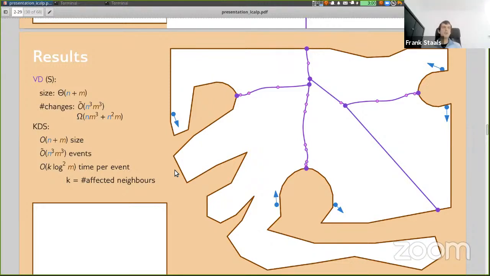Yeah, so we did think about this. I can't remember if we explicitly gave a bound on the number of those changes.